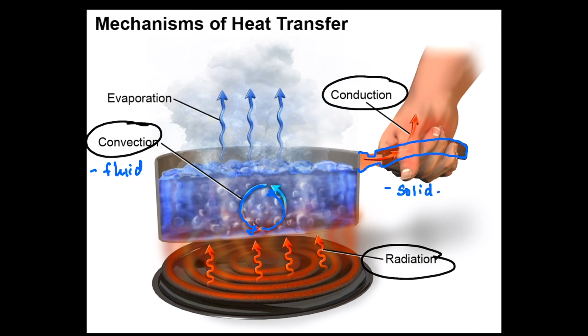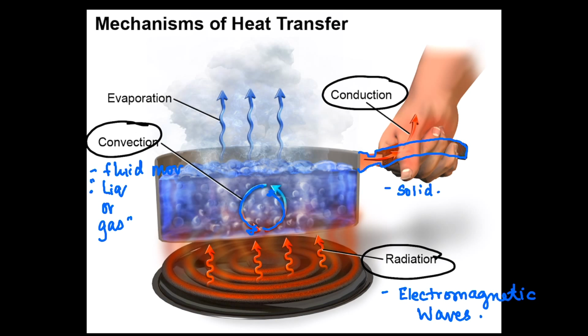I mean, this could be liquid or gas. I'll give you a more concrete definition in next slides. And radiation happens through electromagnetic waves. So these are the three main mechanisms for heat transfer.